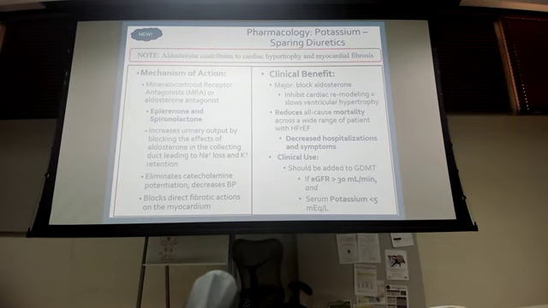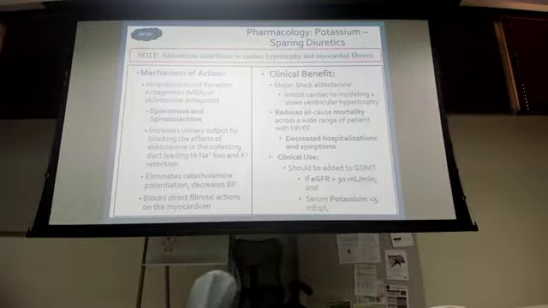We do expect you to know that this class of medication is the only diuretic that has morbidity and mortality benefits. You're going to add them to your ABCD bucket, right? You're going to add them to your ACE, your ARB, your beta blocker, and your SGLT-2 inhibitor.